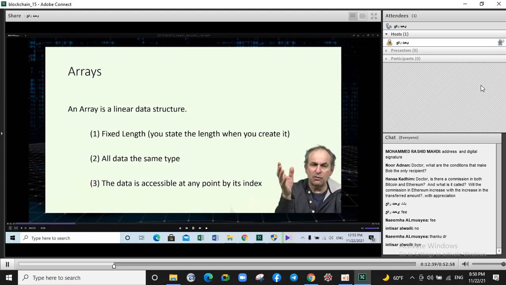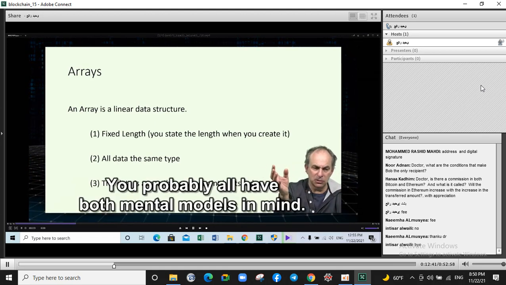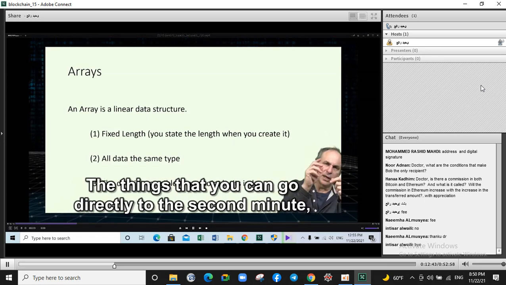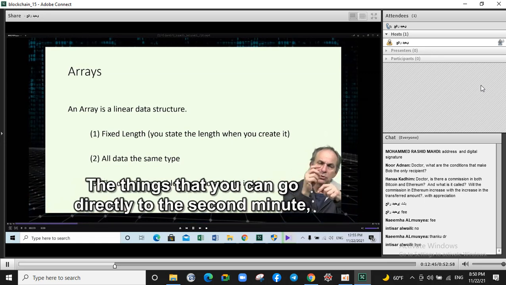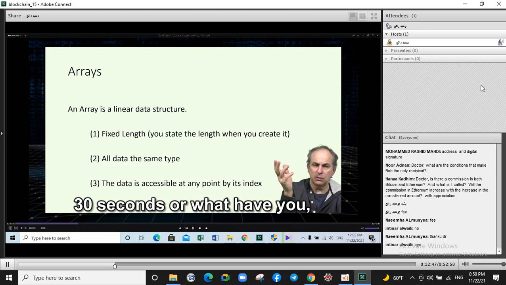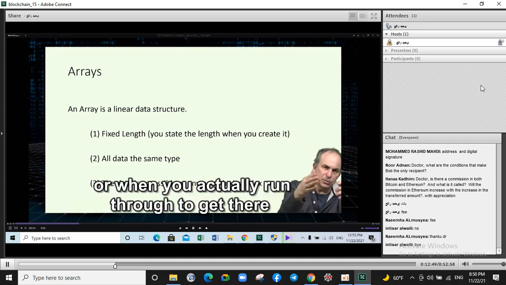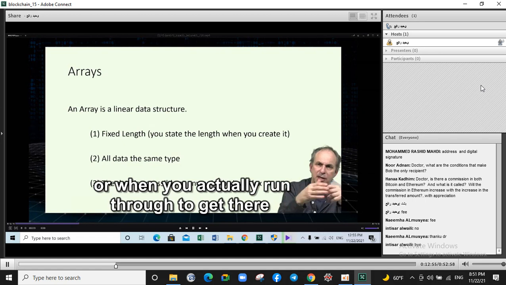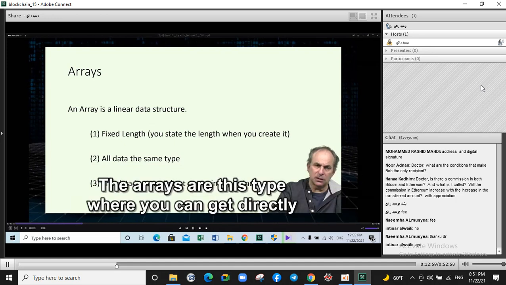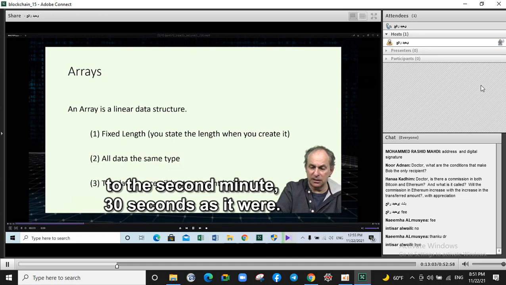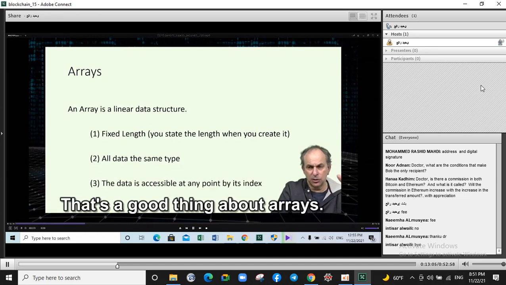But you probably all have both mental models in mind: that you can go directly to the second minute, 30 seconds, or whatever, or that you have to run through to get there by fast forwarding through a recording. The arrays are of the type where you can get directly to it.